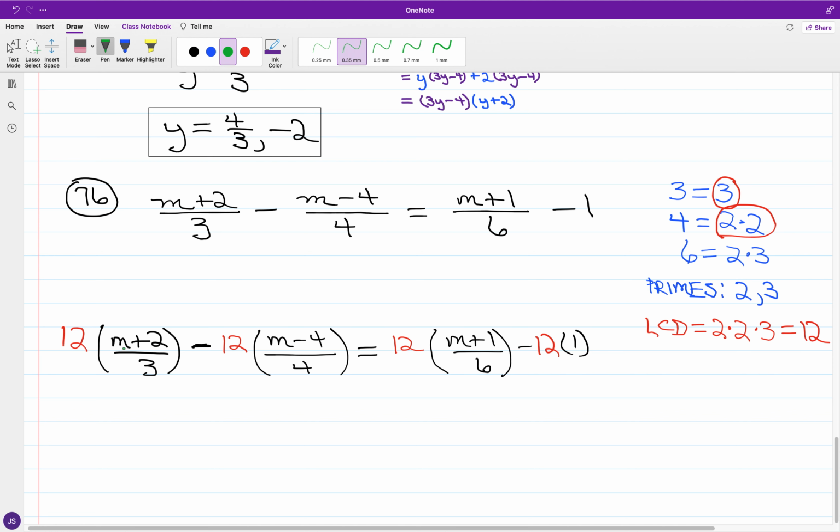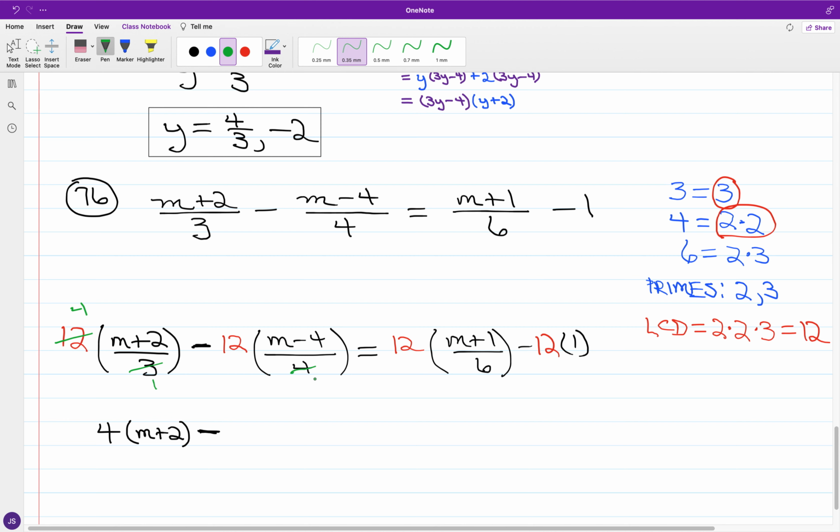So looking at reducing, you can think along the lines of cross multiplying. You have 12 times m plus 2 over 3, and get the 3 out. 3 goes into 12 4 times, so we're going to have 4 times the quantity of m plus 2. We can bring down the subtraction.